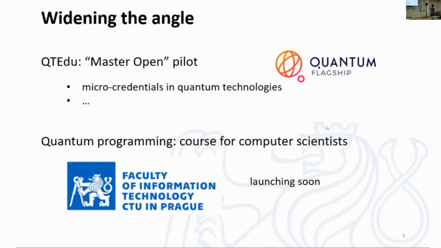This is already underway, where I'm collaborating with Ivo Peter from the Faculty of Information Technology. There's also an initiative within the Quantum Flagship, and I'm part of the coordinating team doing this pilot project on master programs.